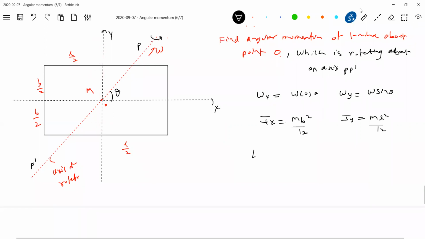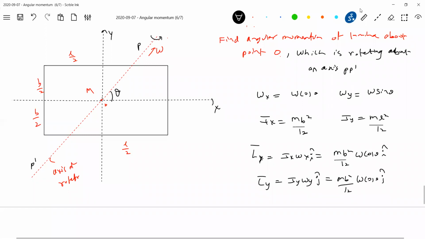Then angular momentum about the x-axis should be equal to Ix into omega x. This should be equal to m b square by 12 omega cos theta i cap, and about the y-axis, m l square by 12 omega sine theta j cap.